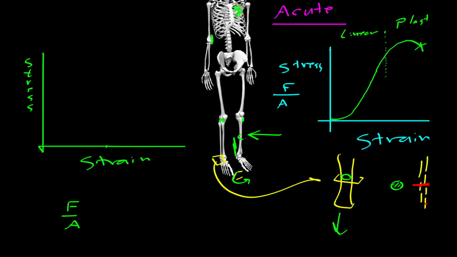In that case, we care about the cross-sectional area of the bone. And what's going to happen? Well, no toe region, remember, because bone doesn't have a toe region. And bone is not so viscoelastic, so it's just going to be more of this rigid behavior. So this linear region, everything's fine, but something you quite often see with bone is that you get a tiny bit of a plastic region, and it just breaks right away. So that would be a bone fracture, right? So stress goes up, up, up, up, up, and then the bone just completely fractures.